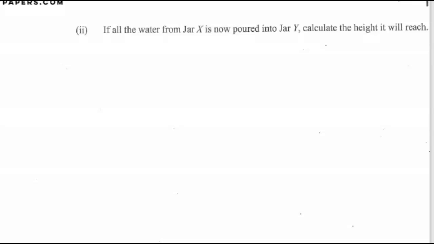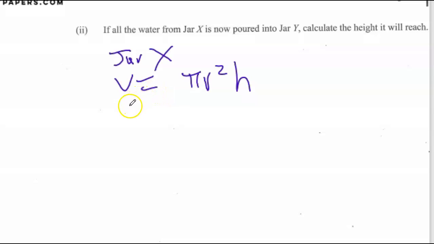So now if all the water from jar X is poured into jar Y, calculate the height the water will reach. So this is specifically for jar Y, because jar Y is also a cylinder, so the volume is pi r squared h. The volume of the water will be the same as what was in jar X, which was 9 pi d squared.